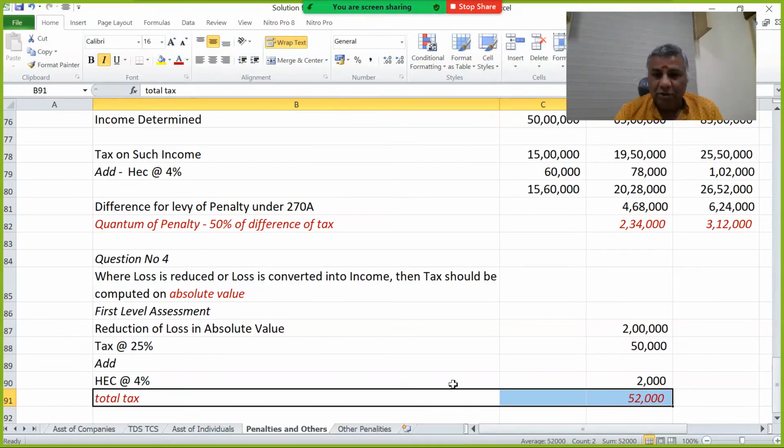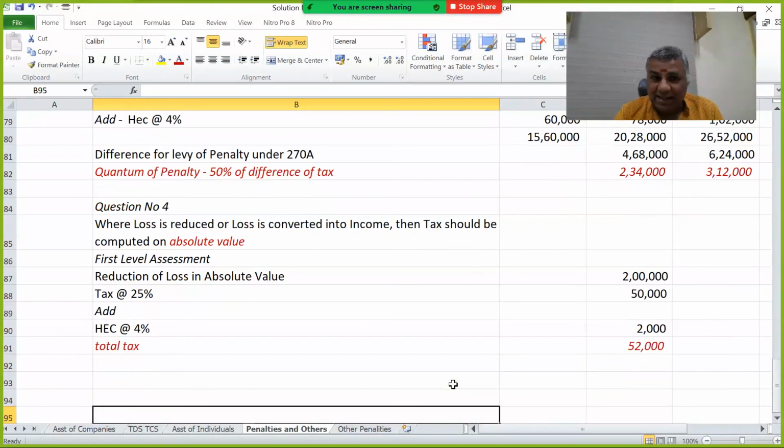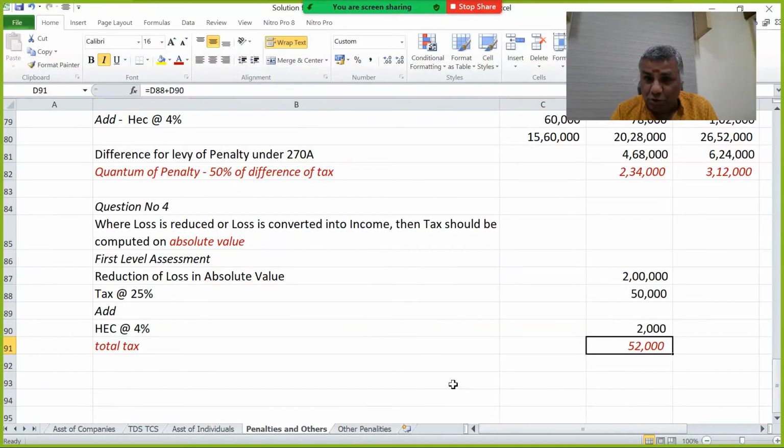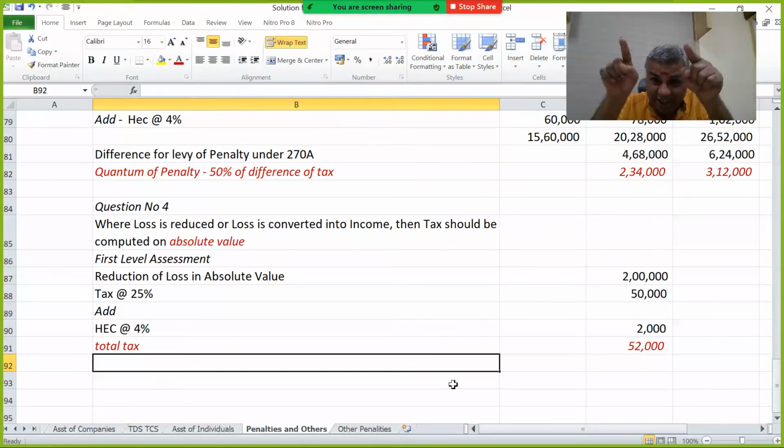So even though the loss tax is normal, this 52,000 they will not ask you to pay because loss is only reduced. In this case, the department will not send you a demand notice. It is only reduction of loss, but they will send you a penalty demand notice.